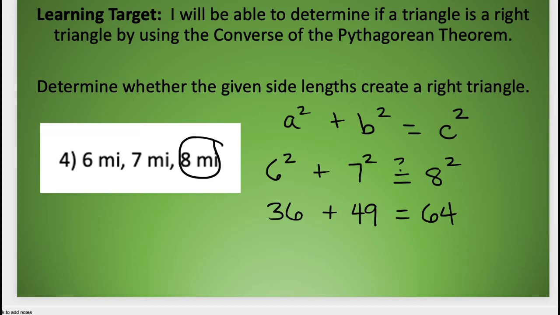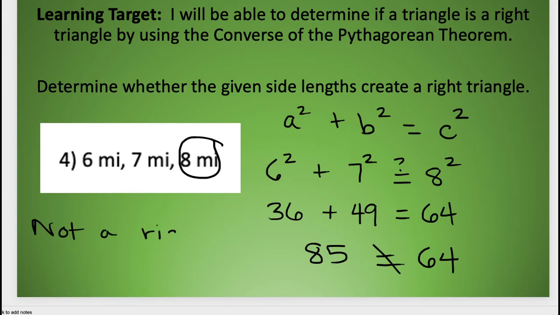And when I do that, I got a sum of 85. And 85 is not equal to 64. So when I used the Pythagorean theorem, I ended up with an equation that is not true, which means that this is not a right triangle.